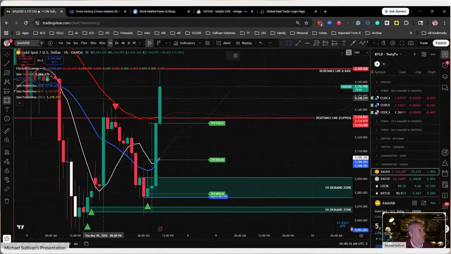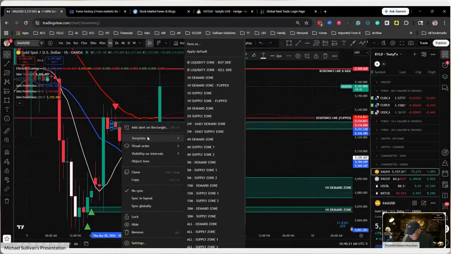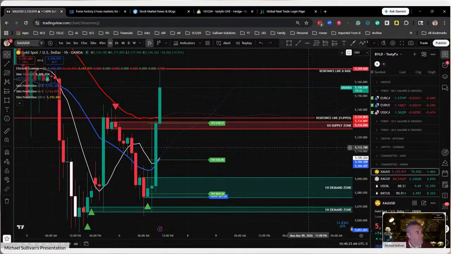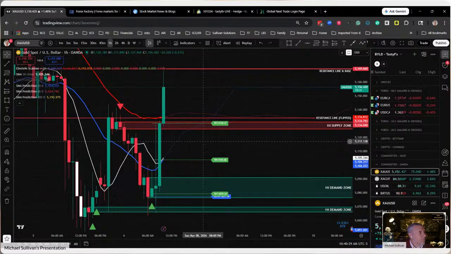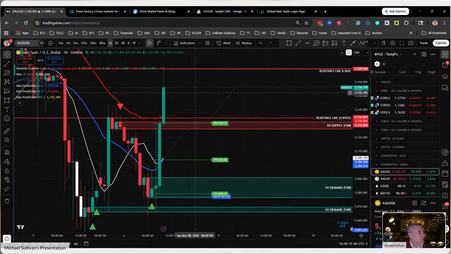Yeah, I mean, I guess we have this supply zone right here. That's there. How many times has that been broken? Once, twice. That candle's live. That's not 3 times yet. If that candle breaks, this thing goes away.